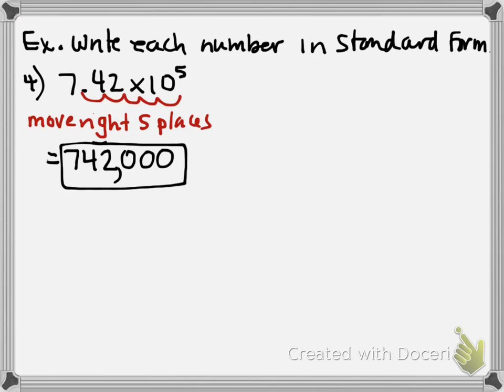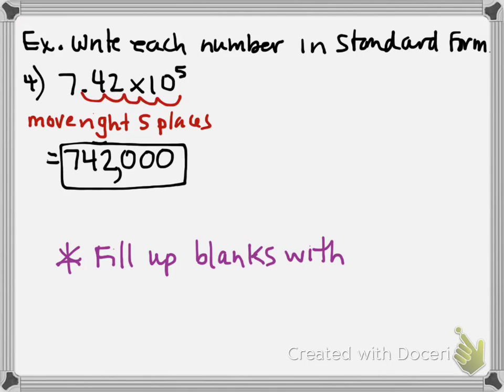Okay. So I'm going to add something we hadn't added before underneath here. Fill up blanks with what? Zeros. So any blank loopies, they get filled up with zeros. All right, let's do one more.